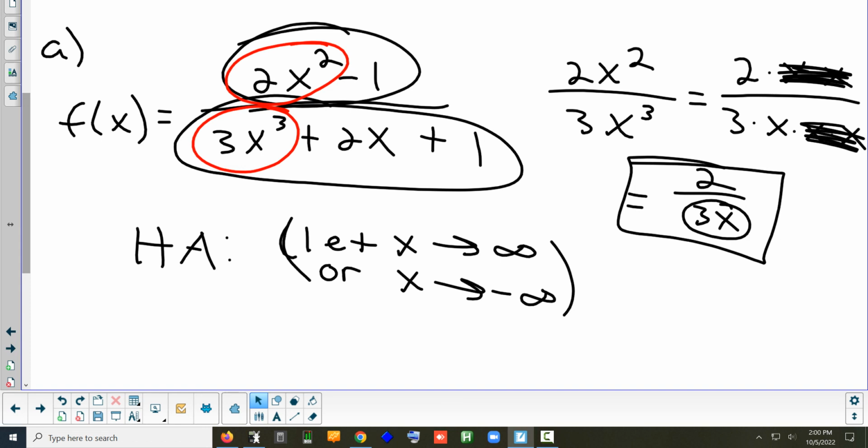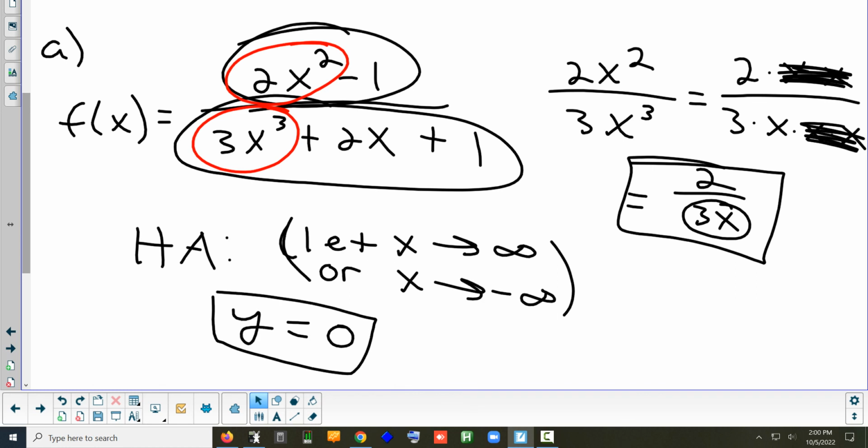And as x gets bigger and bigger and bigger, what happens to 3x? It keeps getting bigger. So the bottom of the fraction keeps getting bigger, which means the entire fraction is getting smaller. Smaller and smaller and smaller, and it's approaching, but it will never reach what number? It'll never reach 0. And for horizontal asymptote, what letter do we use?